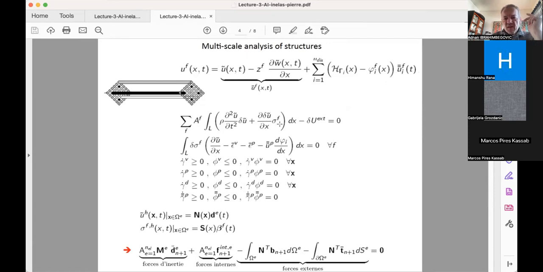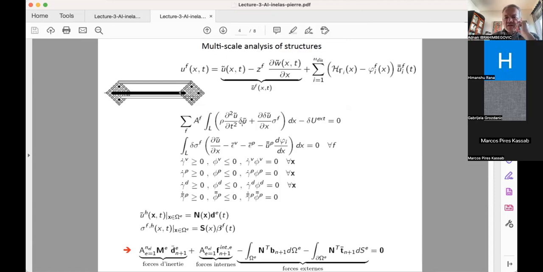So these here are equations of motion that are built from a contribution of each and every fiber. So basically, you're having a weak form. You're integrating over the length of your beam. This is the inertial term that you have here, like rho times the cross section of your particular fiber times the acceleration multiplied by the virtual displacement here. Pierre used this lousy notation calling this delta u because there are many symbols.